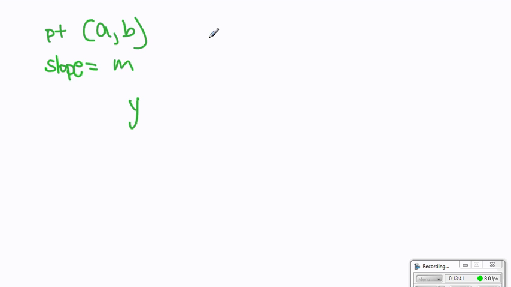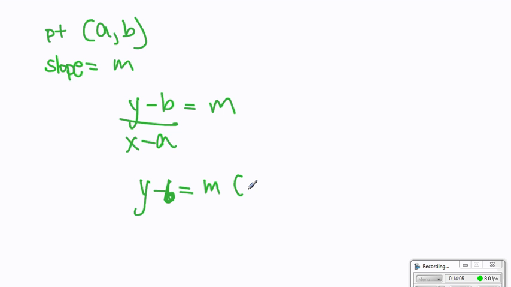An arbitrary point x comma y along this line would give y minus b over x minus a, which should be equal to m, the slope formula. If you multiply by the denominator on both sides, we end up getting y minus b is equal to the slope m times x minus a. And this becomes the point slope form of a line.